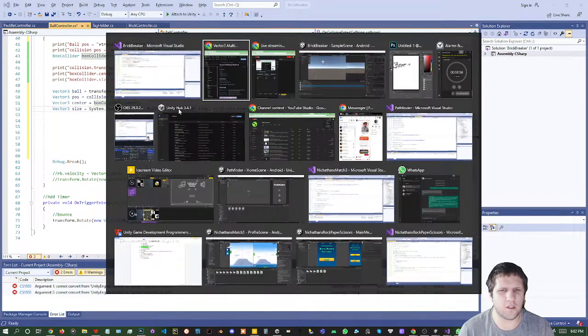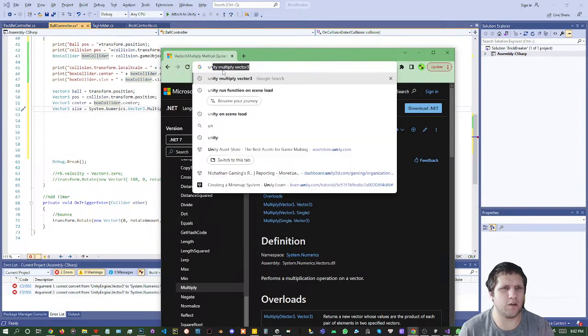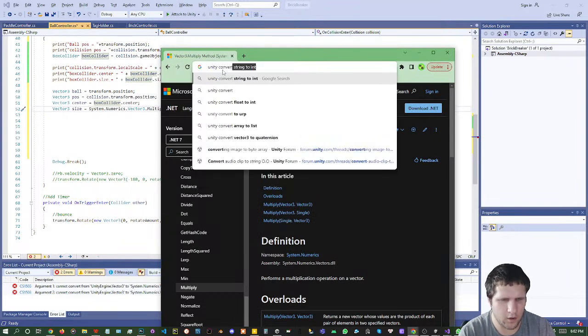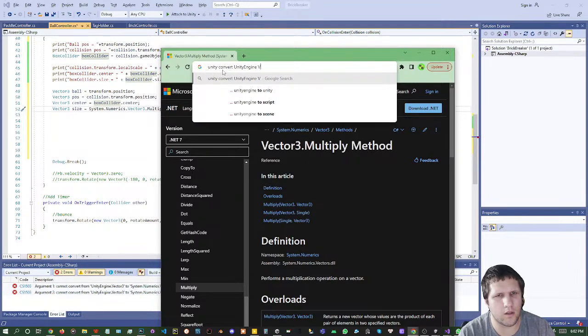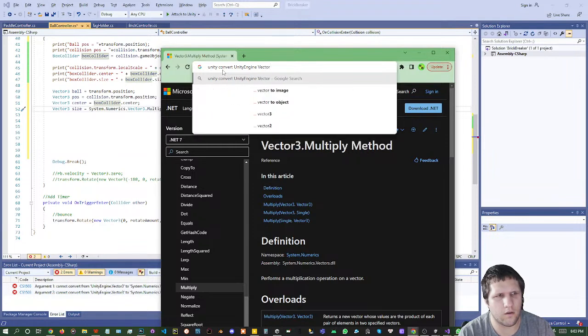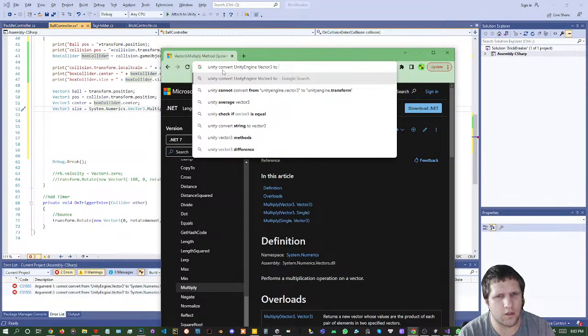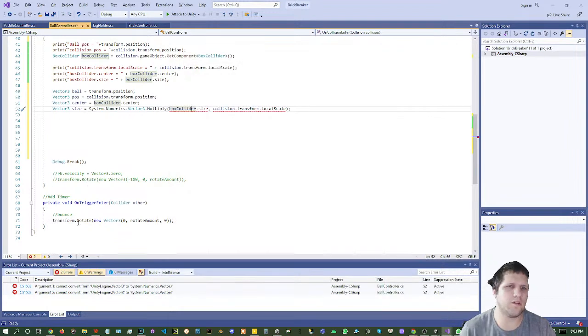Convert from UnityEngine Vector3 to System.Numerics Vector3. Unity convert UnityEngine Vector3 to... You know what? Let's just make our own multiply function.